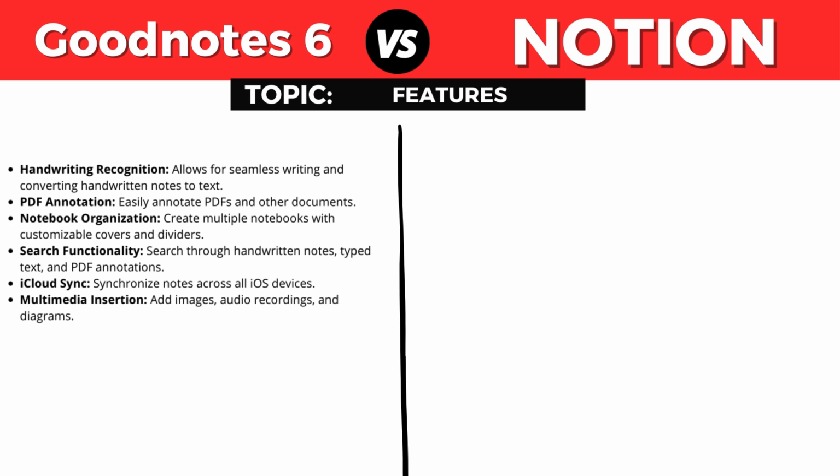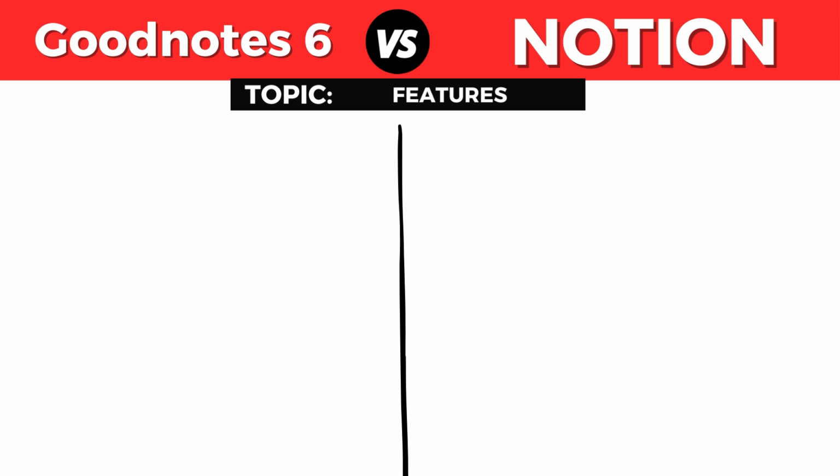We have notebook organization, to create multiple notebooks with customizable covers and dividers. Search functionality, to search through handwritten notes, typed text and PDF annotations. iCloud sync, to synchronize notes across all iOS devices. And multimedia insertion, to add images, audio recordings and diagrams.